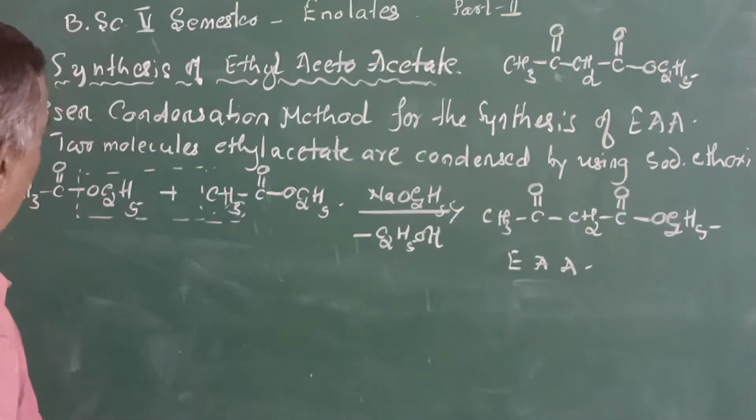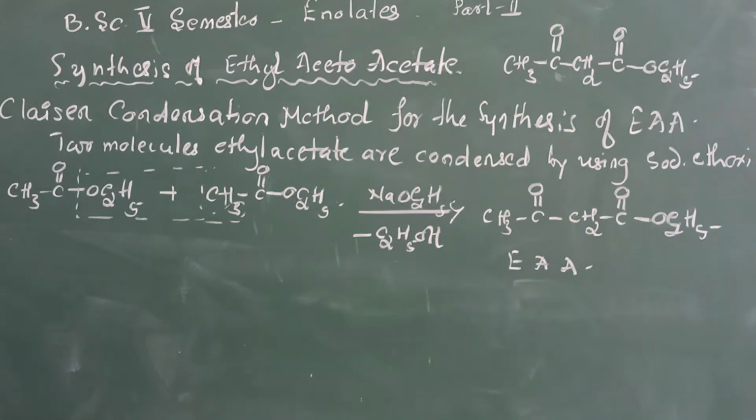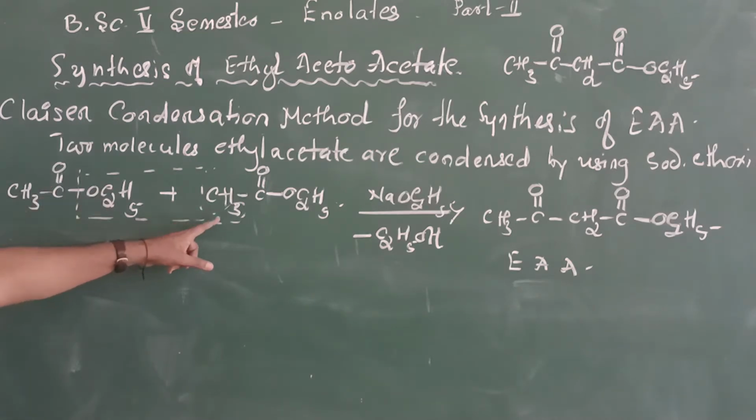Already I have written on the board: synthesis of ethyl acetoacetate, EAA, by the Claisen condensation method. In this method, two molecules of ethyl acetate are condensed using sodium ethoxide, a basic solution. CH3COOC2H5 plus CH3COOC2H5, these are the two molecules of ethyl acetate.